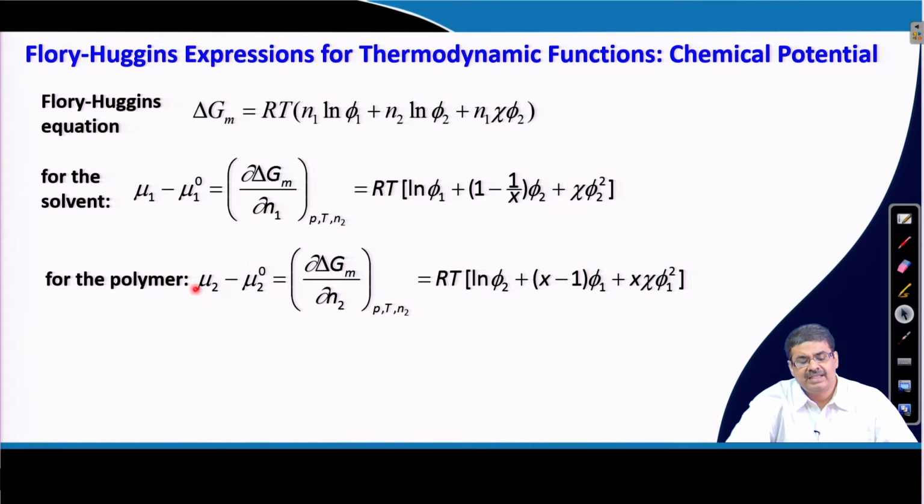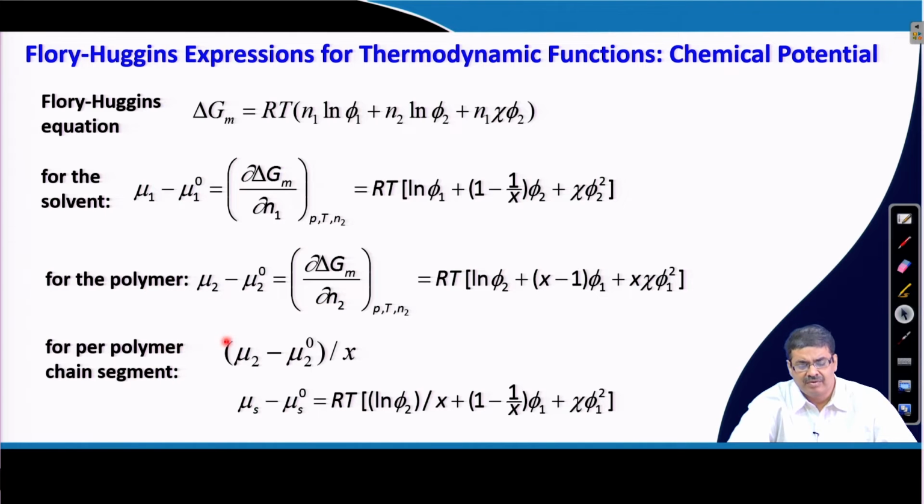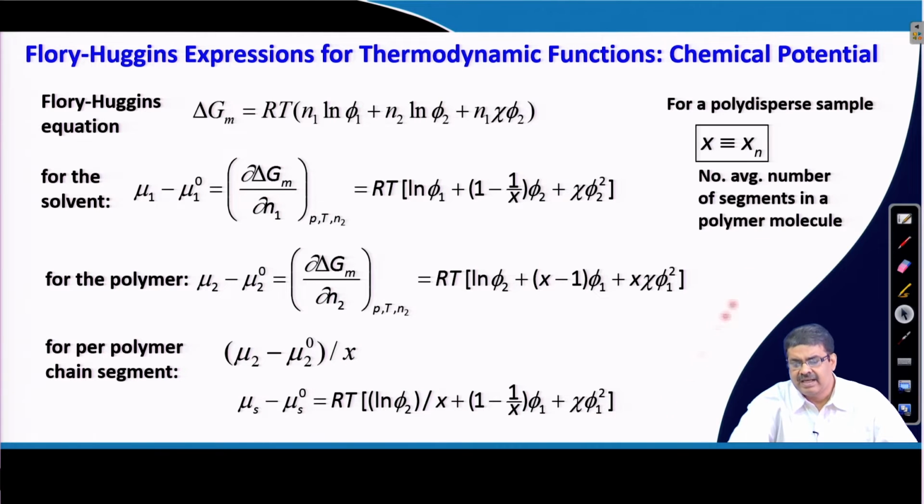And we generally express the polymer in terms of number of segments, because while deriving the Flory-Huggins expression, we consider polymers to consist of several segments, and each segment has the same molar volume as the solvent molecule. So, we generally express this term per polymer segment. So, we divide this by x, which is the number of polymer segments.